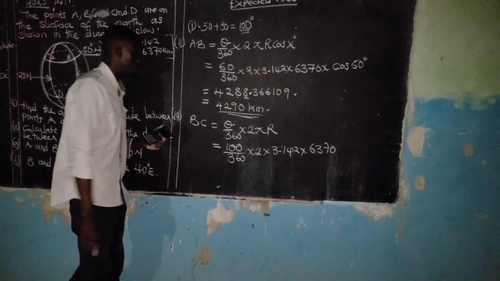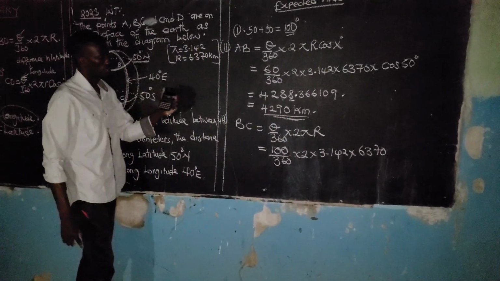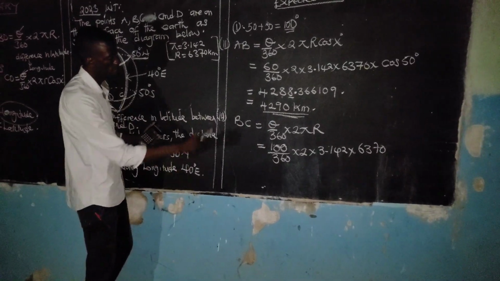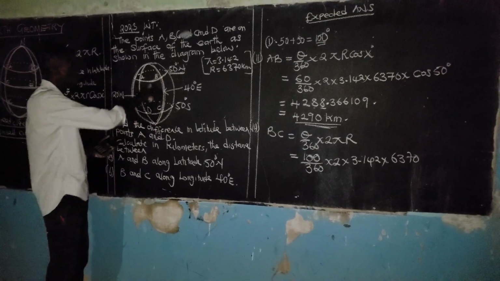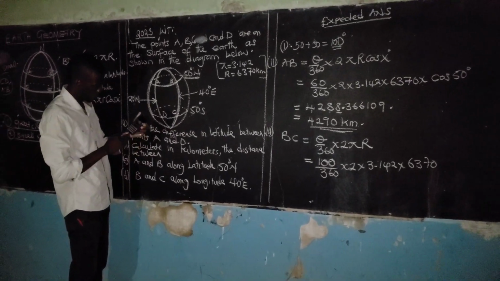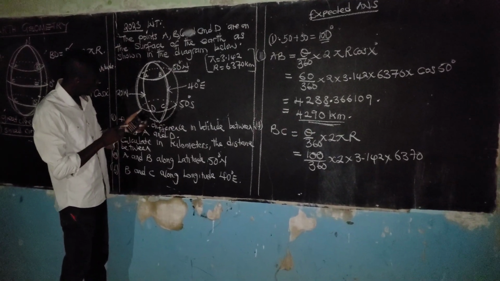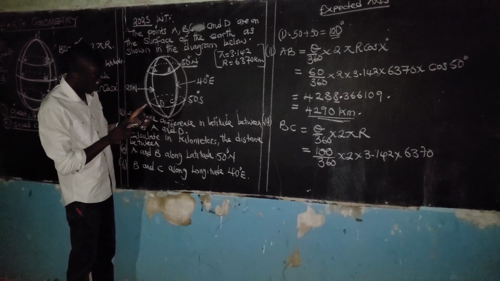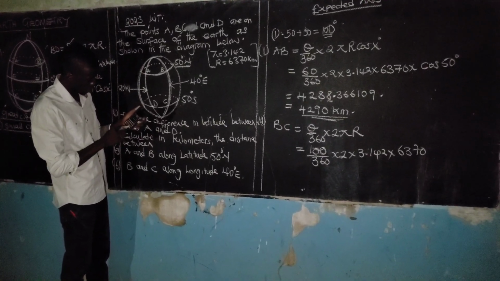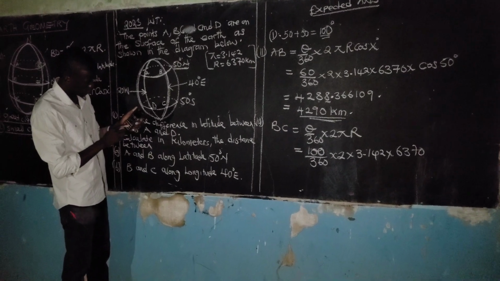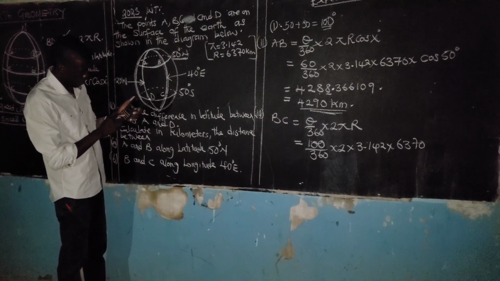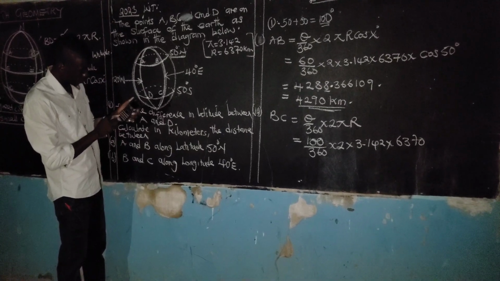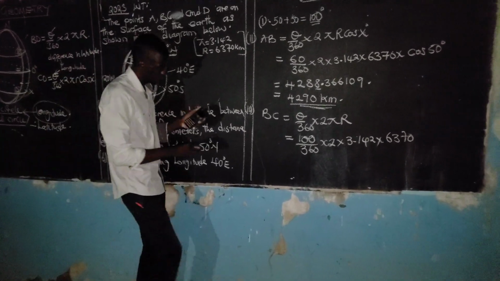So the theta, remember, is the difference. The pi and the radius have been given. Please do not put a cos there because it is not in a small circle. So after that, again, we divide 100 by 360 multiplied by 2 multiplied by 3.142 multiplied by 6370.